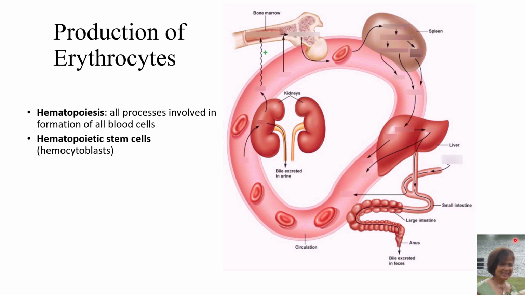Now, the great great grandmother of all blood cells, whether you're talking of red, white, or even the platelets, is a cell which is called the hemocytoblast. This is the hemopoietic stem cell, called hemocytoblast, which gives rise to all formed elements.